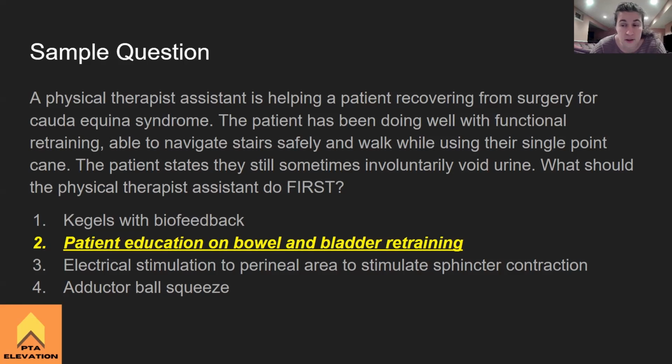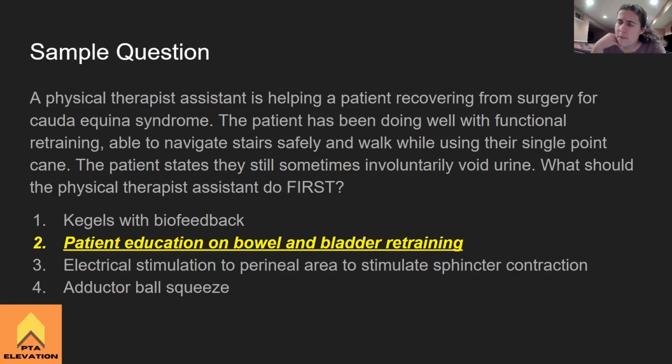So educating them on different types of ways we can retrain the bladder, different exercises we could do, educating them that they might need to go to a pelvic floor PT to learn how to do all this stuff with that biofeedback and stuff. So once we kind of explain to the patient what's going on, then we would start to implement some of these other things. You think like your patient is like, I'm struggling with stairs.